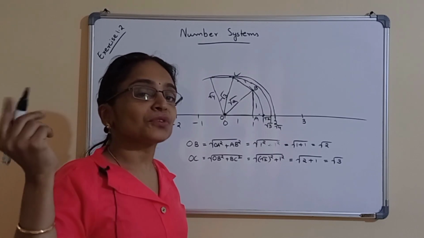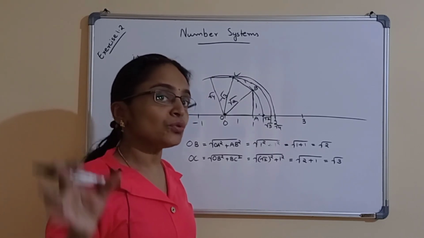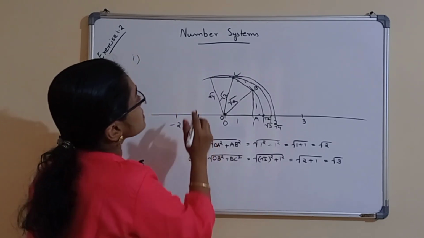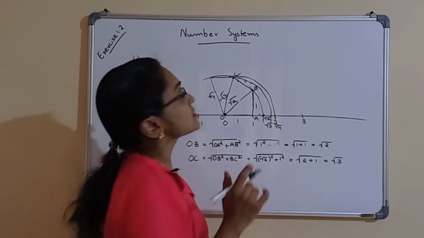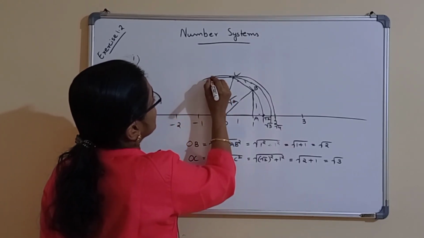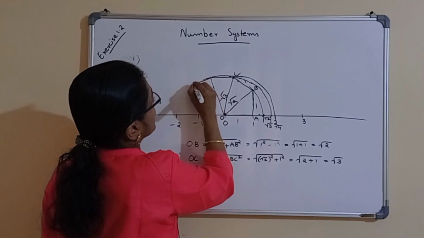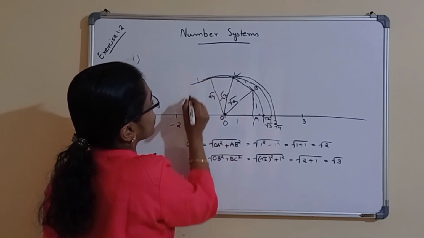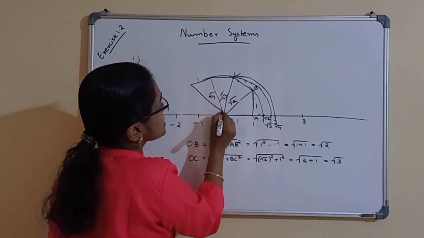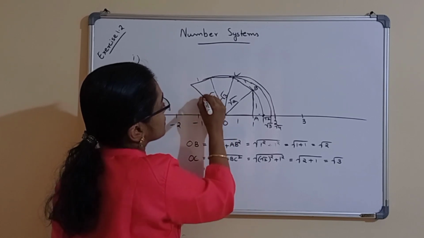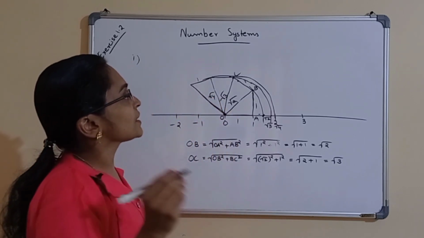Now we can draw root 5, that is we have to draw root 5 in the question, that is locate root 5. So we can draw a perpendicular from here, which is 1 unit, then join this.